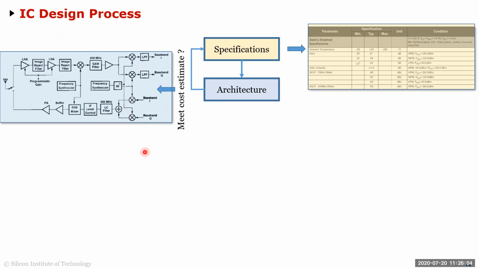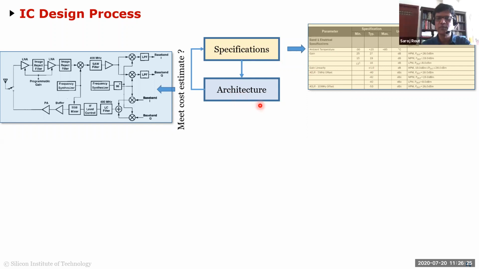Given the specs, you come up with this architecture, and once you're happy with it, you go to the next step. If you're not happy, you go back to the marketing guy and say, these specs are impossible to meet. It'll cost us too much. We'll not make money. You've got to relax some of these areas. He might come back and say, okay, we can relax here and so forth. And this loop goes on for a little time.